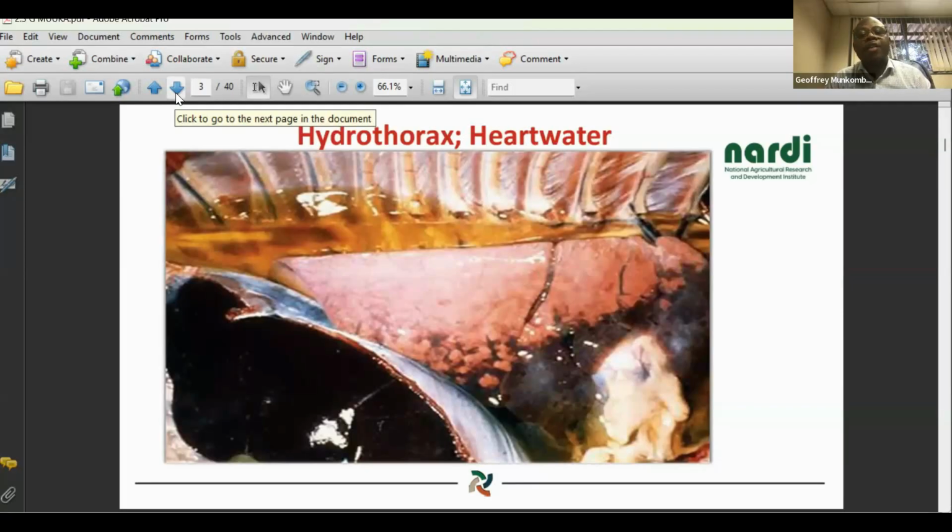One of them, hydrothorax, can be caused by, say, those countries that usually encounter East Coast fever. You will find this in East Coast fever conditions. You find HS, you find this condition. So these are general conditions that you see when the homeostasis is disturbed in the thoracic cavity. Next slide, please.